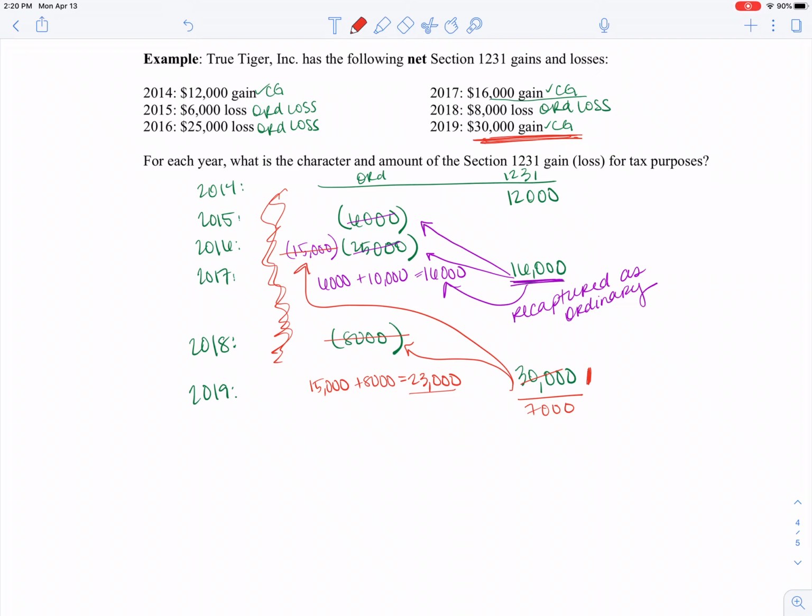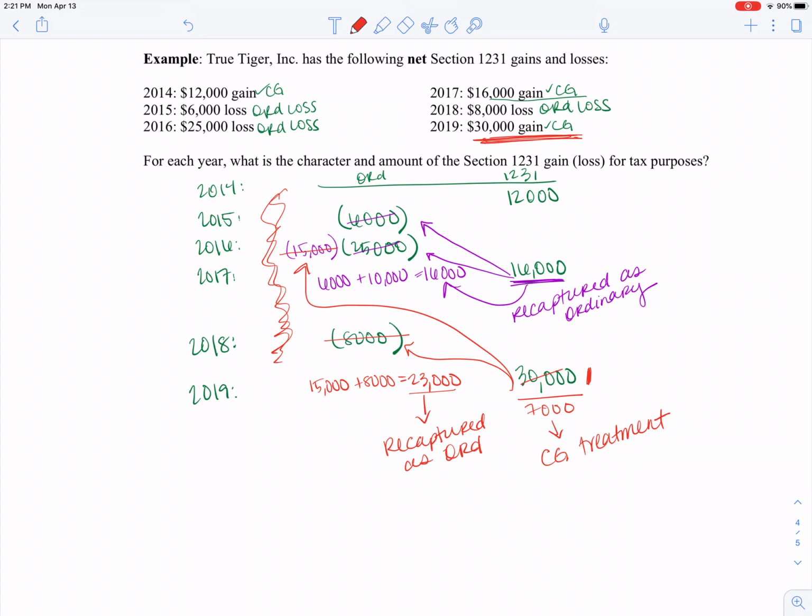I have to recapture to the extent that I had losses in the last 5 years that I took as ordinary. So we would say 23,000 is recaptured as ordinary income. 7,000 here would get capital gain treatment.